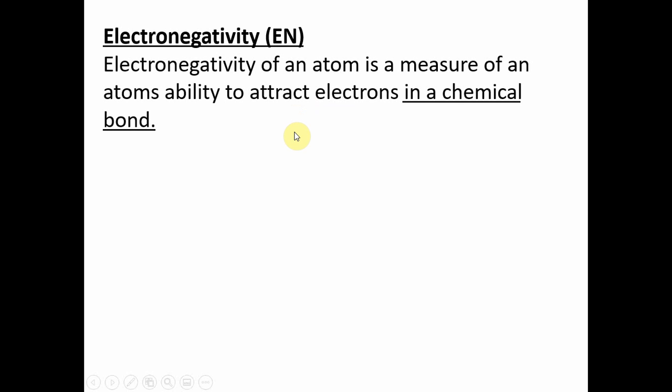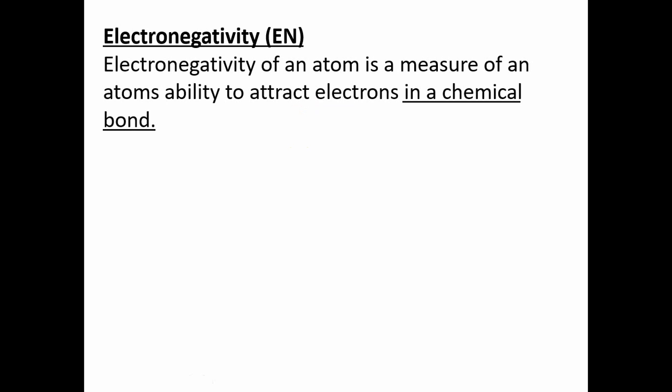The most useful trend, and we're going to use this fairly extensively over the next few weeks, is electronegativity. Electronegativity is not like electron affinity, although there is a bit of a similarity. But electronegativity is a measure of an atom's ability to attract electrons in a chemical bond.